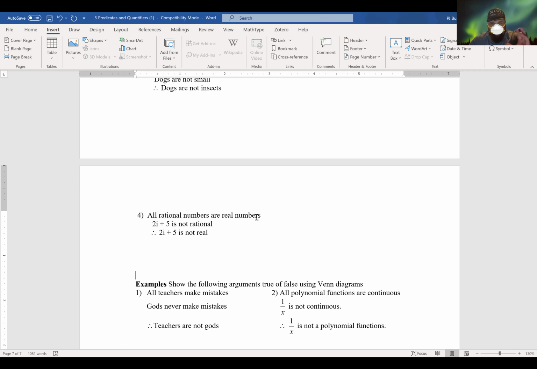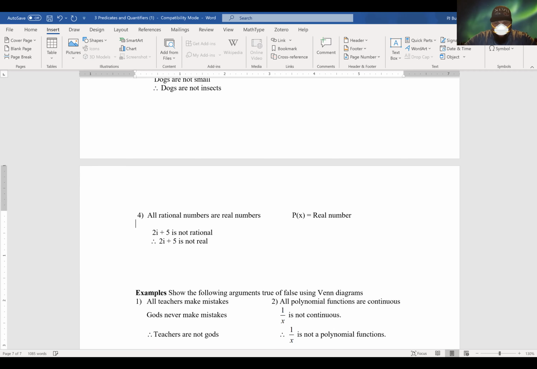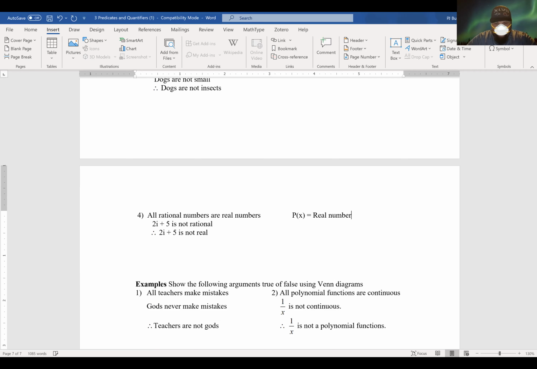So again, it's counterintuitive on this one. So I'm going to say P of X equals real numbers. Q of X is rational.